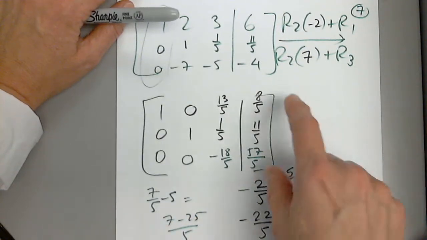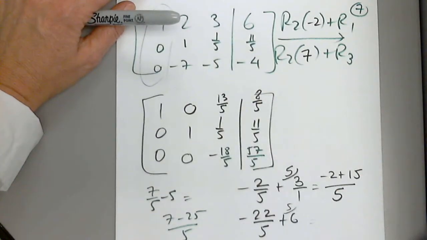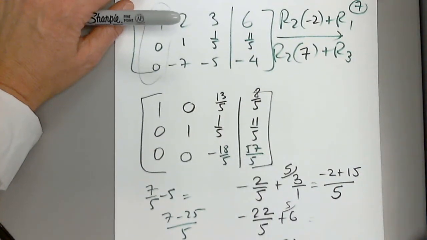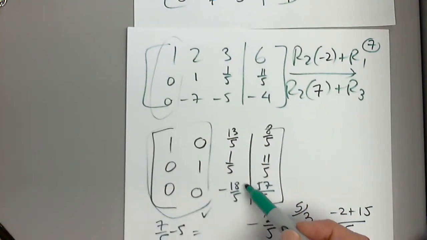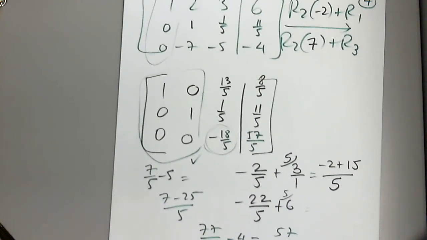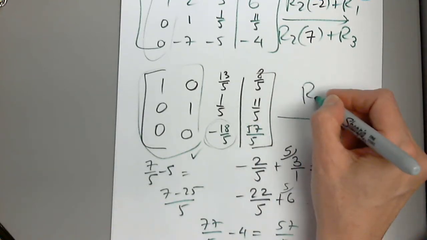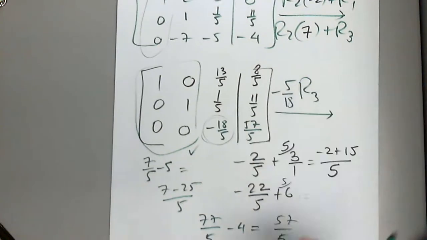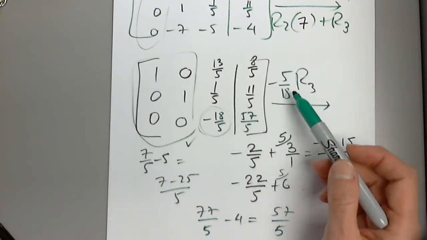And 11/5 times 7 minus 4, 57/5. So this was accomplished. Now I'm hoping that this can become what? The only chance I have is to multiply row 3 by negative 5 over 18, basically divide 57 by negative 18.